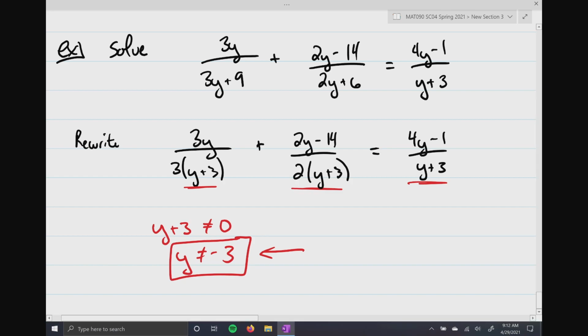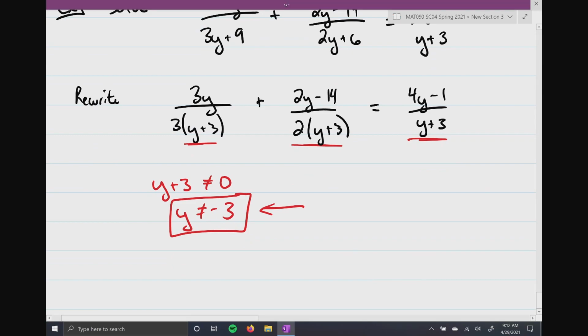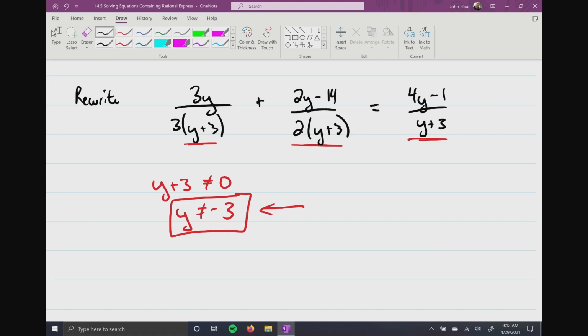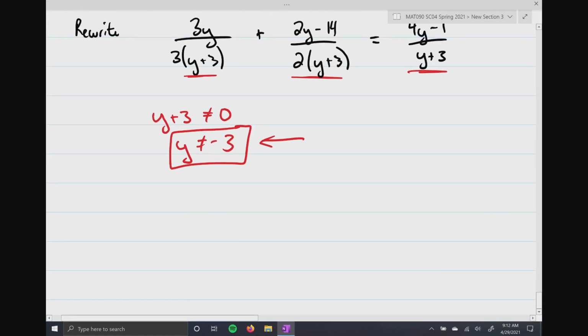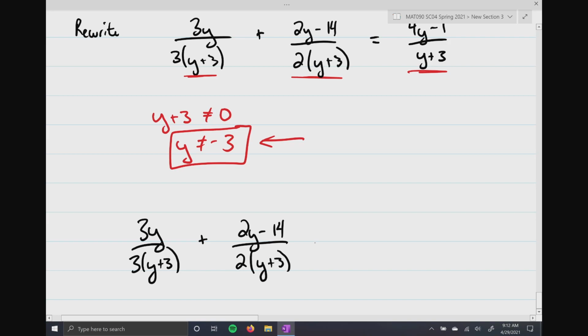All right. So, one more thing. I'm going to rewrite the problem. Does anybody see anything else I can do with this problem before I get into the nitty-gritty of it?